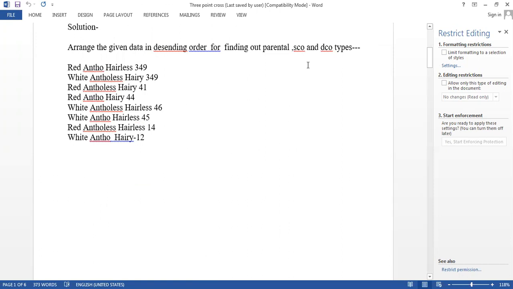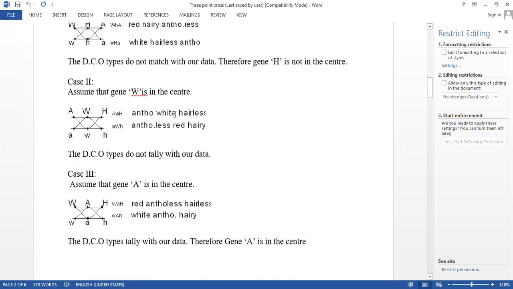So once again, we can say that these double crossover types are not tallying with the double crossover types you get here. So what is the conclusion? The conclusion is that the DCO types do not tally with our data. Therefore, you write one line here: gene W is not in the center.